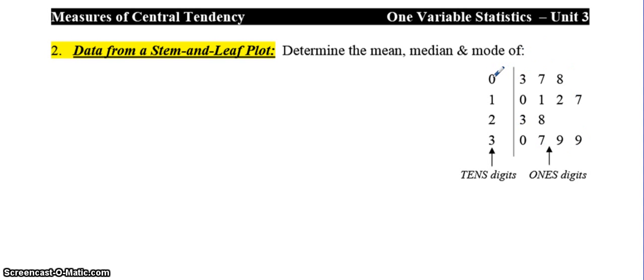So your data is 3, 7, 8, 10, 11, 12, 17, 23, 28, 30, 37, 39, 39. So pause the video, take a moment, and find the mean, the median, and the mode of this data. When you're finished, come back to the video.